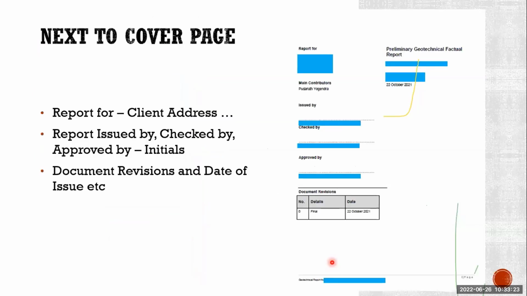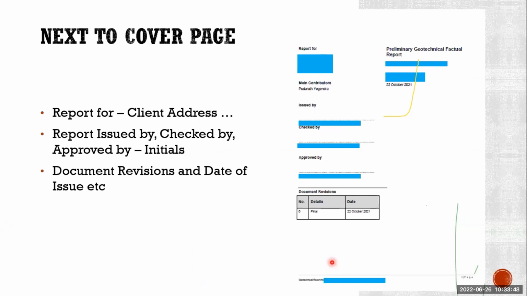Next to the cover page, usually we include the client address and who prepared and issued the report. It should be checked and reviewed by another engineer, so that you can reduce the errors of the report.